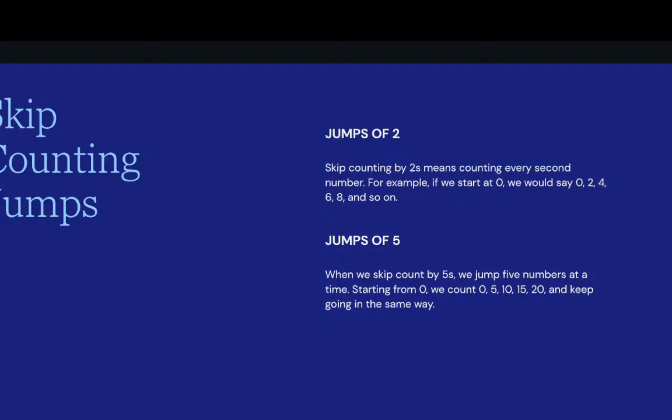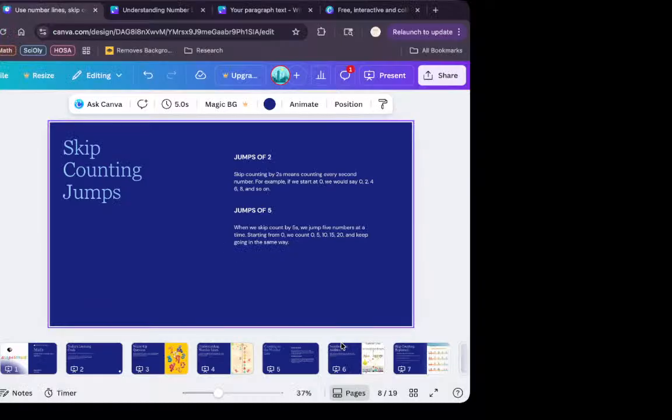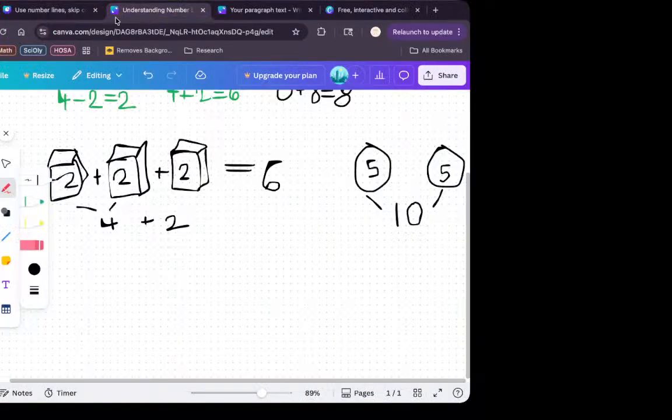If we start at 0, we could say 0, 2, 4, 6, 8, and so on and so forth. And when we skip count by 5s, we jump 5 numbers at a time. So if we start from 0, we count 0, 5, 10, 15, 20, 25, and we keep going in the same way. Here, let's do it together.